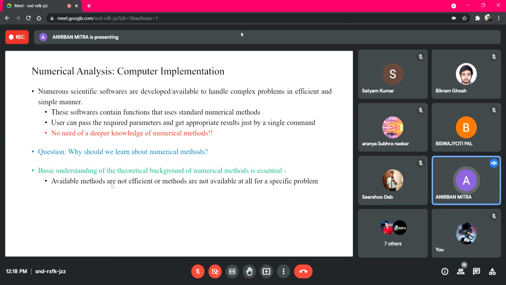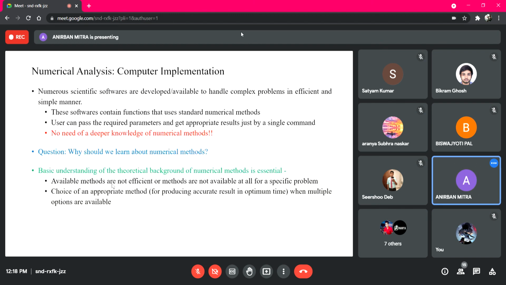These usually happen in case of research problems. Quite often, in case of research problems, you venture into an area where you do not have something that is required for your specific need. So obviously there, you need to devise your own programs based on appropriate numerical analysis.